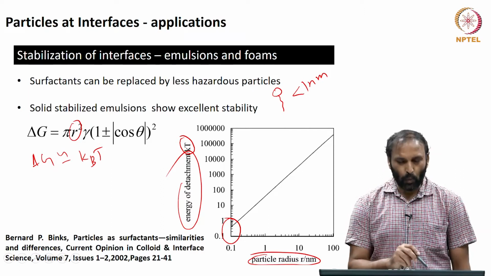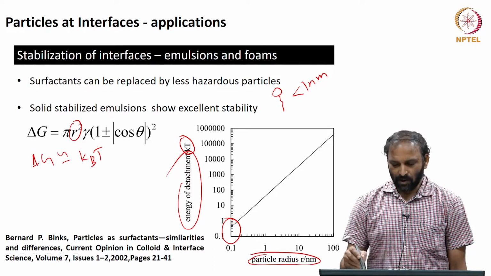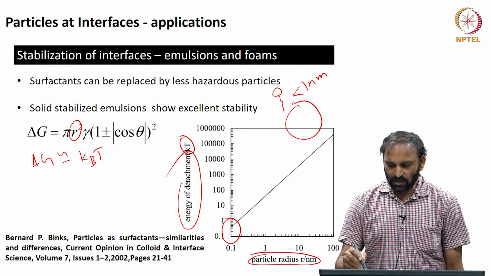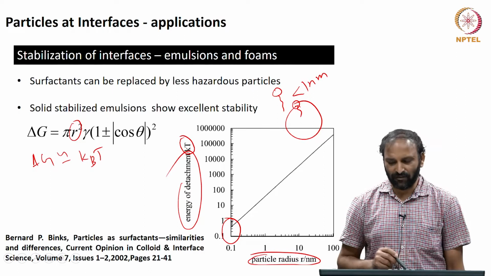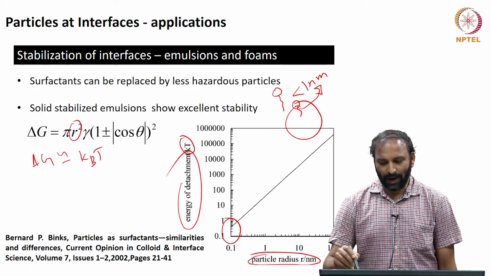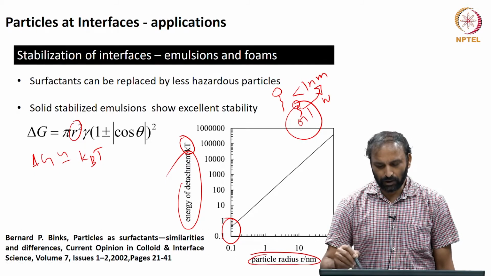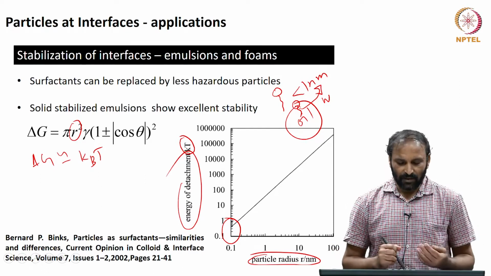When the surfactant molecules have an energy of the order of kBT, even though they could be adsorbed at the interface, they can easily detach and go either into the aqueous phase, the continuous phase, or into the oil phase.